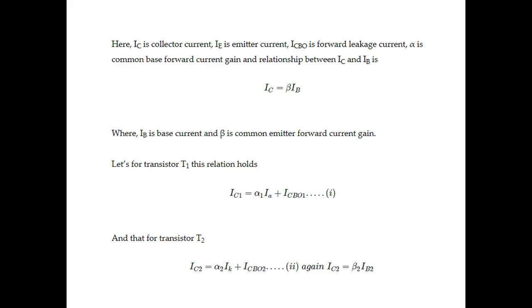For transistor T1 we can write IC1 is equal to alpha 1 into Ia plus ICB01, and for transistor T2, that is Q2, IC2 is equal to alpha 2 into Ik plus ICB02, and again IC2 is equal to beta 2 into IB2.